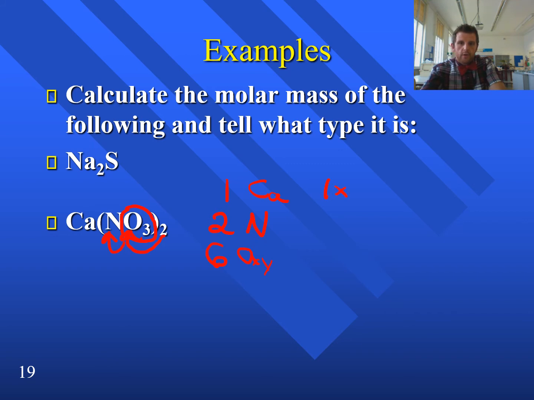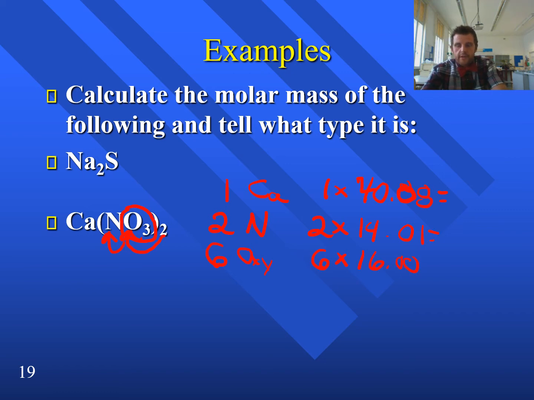So I would do 1 times calcium, 40.08, 2 nitrogen, so 2 times 14.01, and 6 times 16.00.